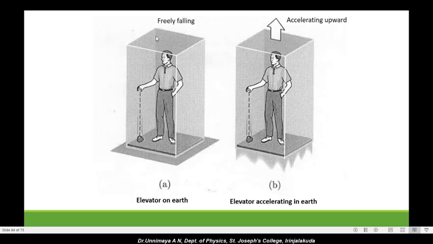That is, if we have a person standing inside an elevator on earth, and that person drops an object, the object can be a pen or a purse or a watch, whatever it can be. What happens? We know that for an elevator on earth, that object will reach the bottom of the elevator. But if we consider the freely falling case, that means the elevator is accelerating with the value of acceleration due to gravity, g.